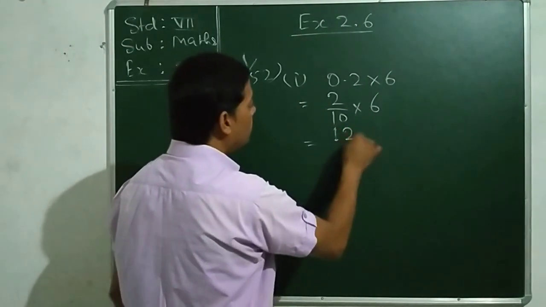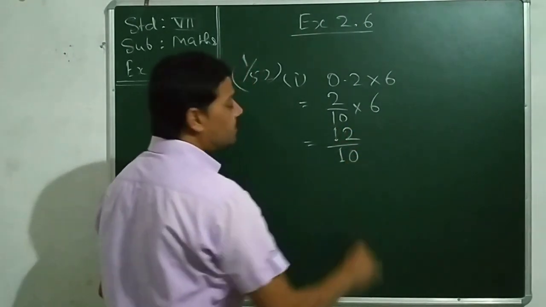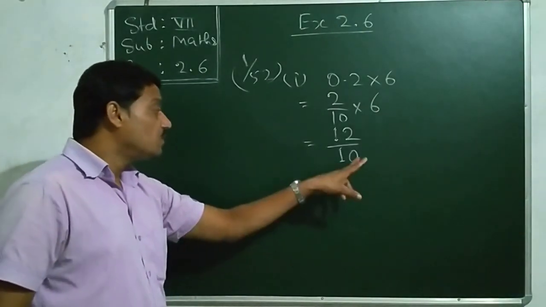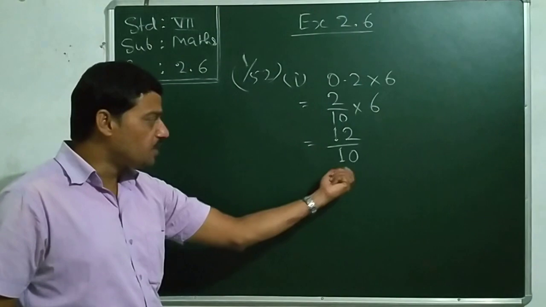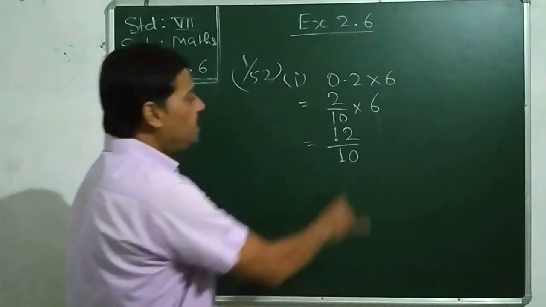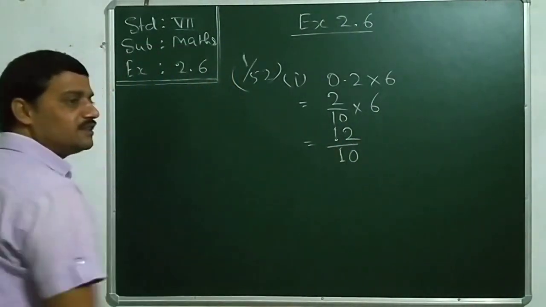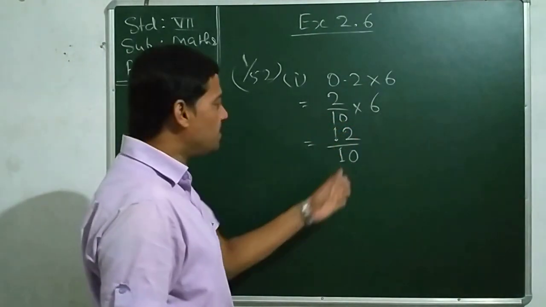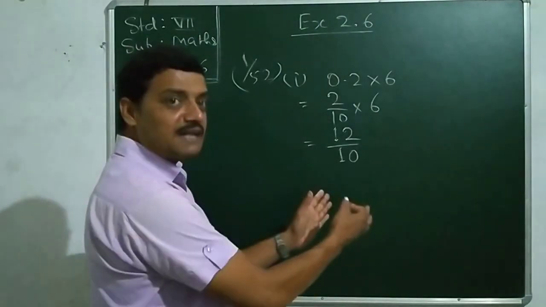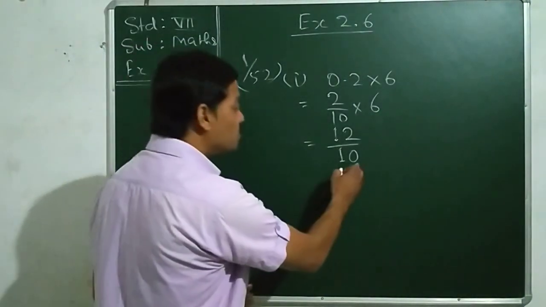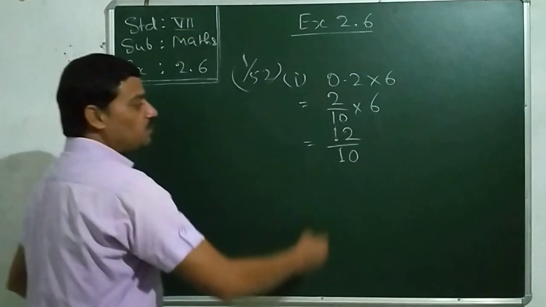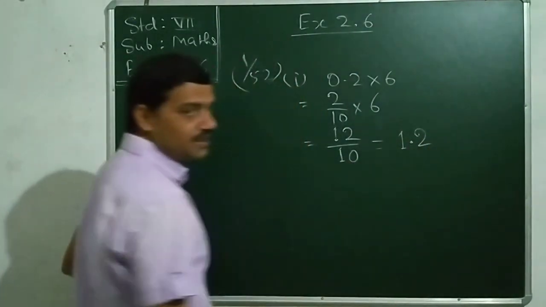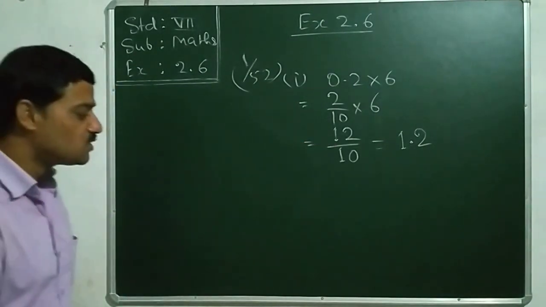You will get 12 by 10, and we know that if only one 0 is appearing in the denominator after the 1, then we place the decimal before one digit. So the decimal number will be 1.2. In this way you can solve the remaining sums also.